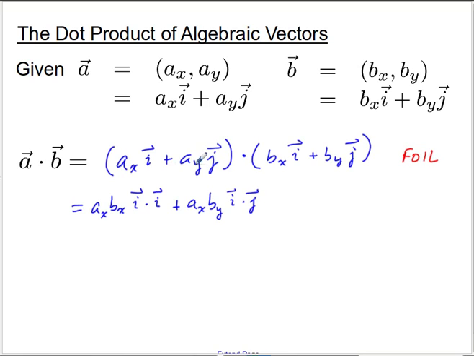The inner part is going to be plus ay and bx, and then the dot product is going to be j dotted with i. And then finally the last two terms are going to be ay by, and the vector part is going to be j dotted with j.